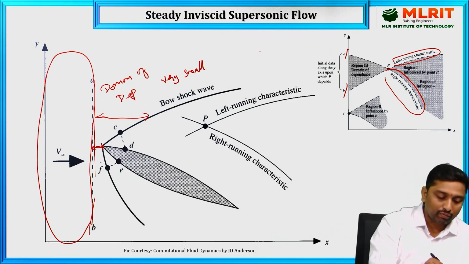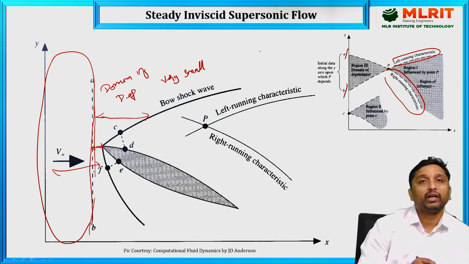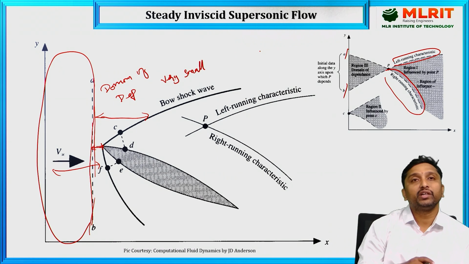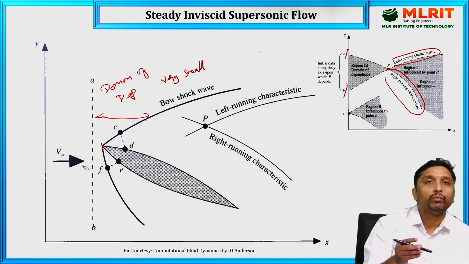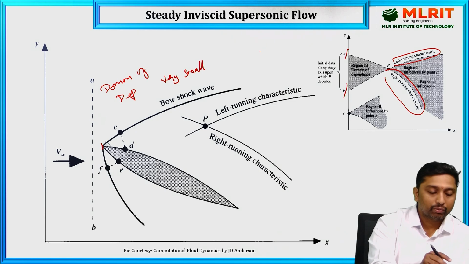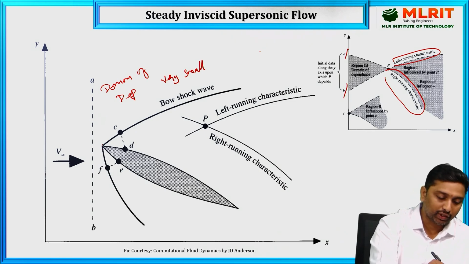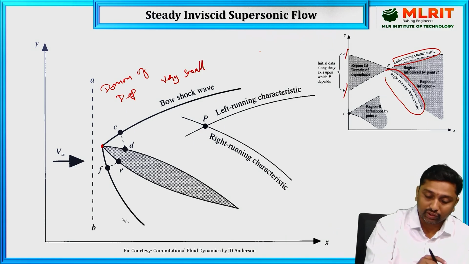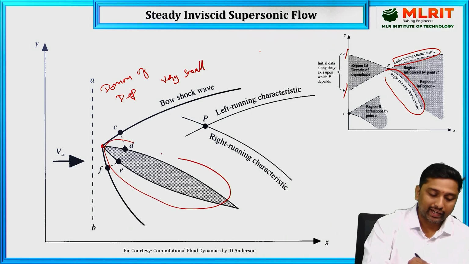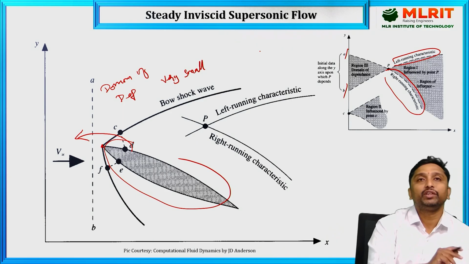If I want to increase it, I can, but that is unnecessarily going to increase my computational effort, because there are no changes observed beyond this particular point where the shock is generated. Before that, the changes are almost negligible, or the influence of the presence of this body cannot be transferred to the free stream.